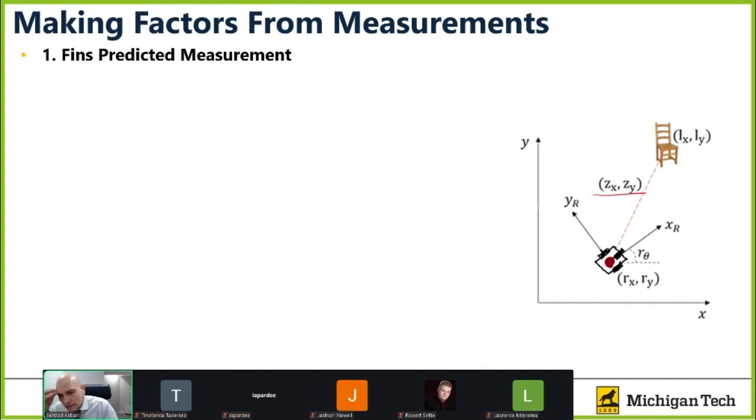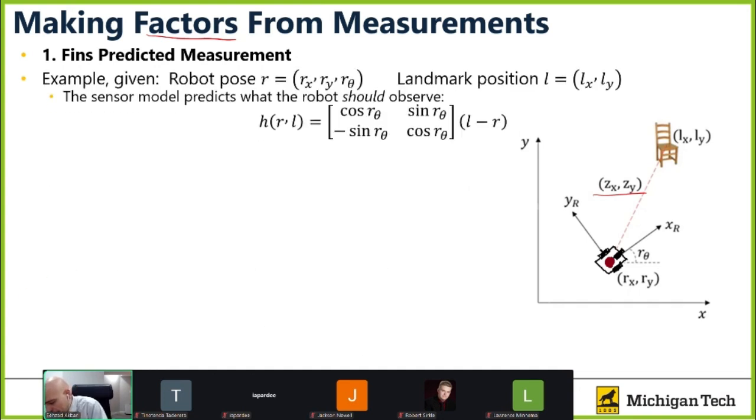But for making a factor, you not only need that sensor information, you also need to predict those measurements. You need to see how you can predict a measurement. Predicted measurement is always something like h of r and l, if the robot state is r, that is unknown.